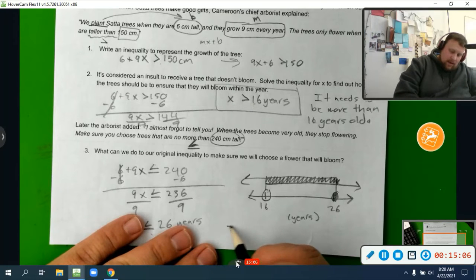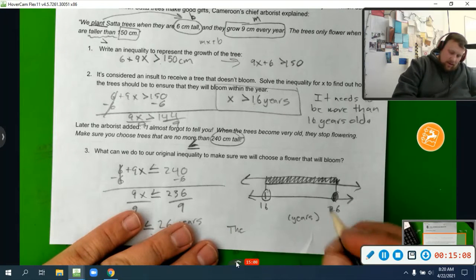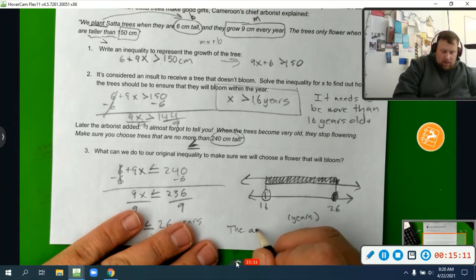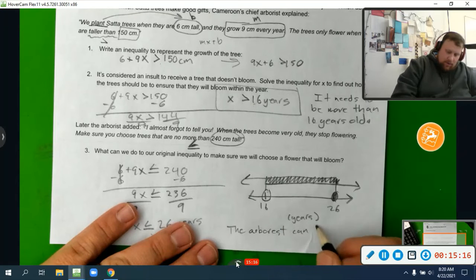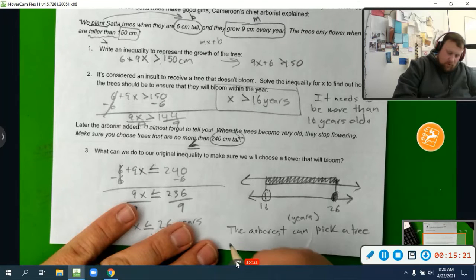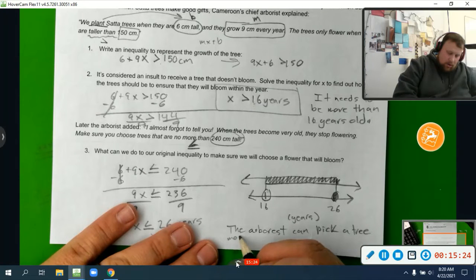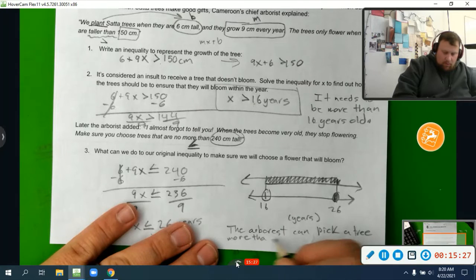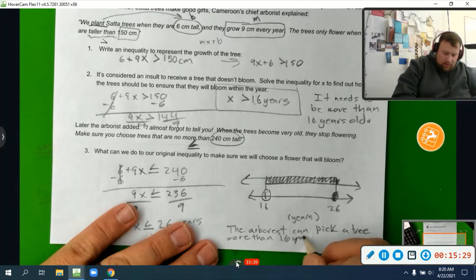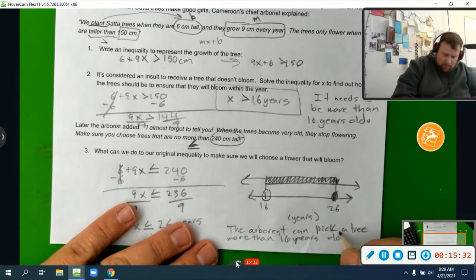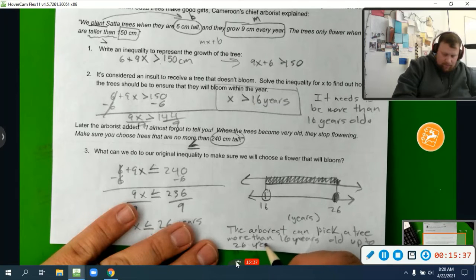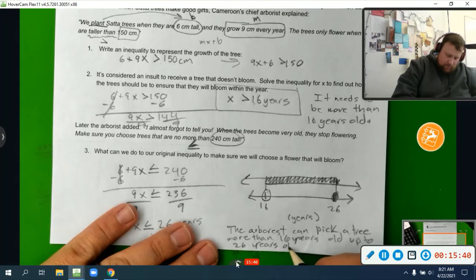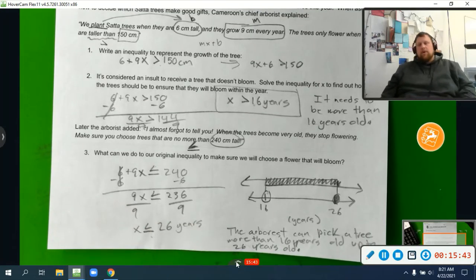And then we can say the arborist can pick a tree more than 16 years old up to 26 years old. Period. Or however you want to word it.